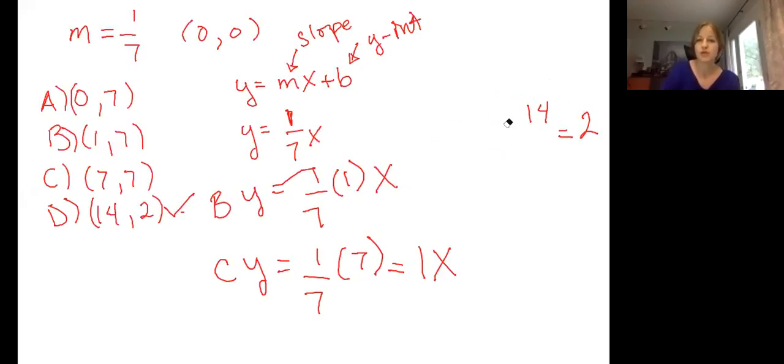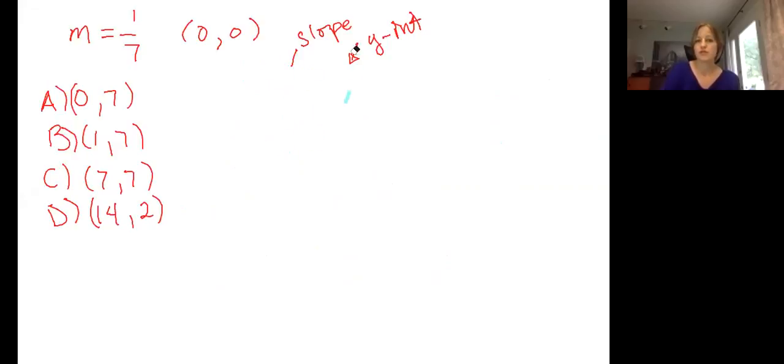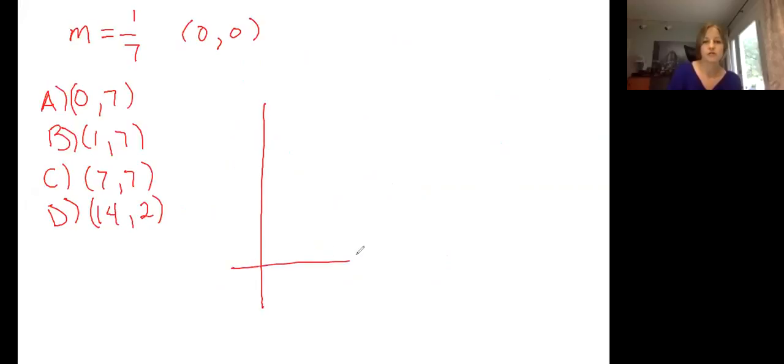The other way that you could go about doing this, if you are a more visual person, is to plot what's going on, on a graph. And when I try to graph the equation of the line, let's go up here. So here's my graph.